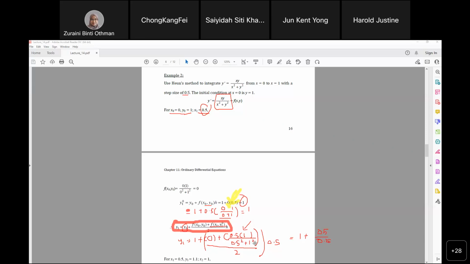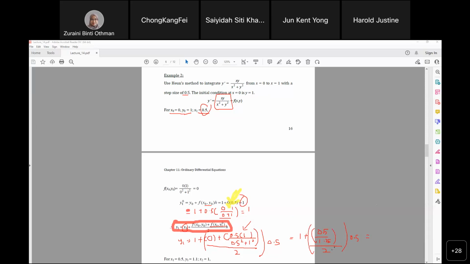Tambah 1. Which mean kat sini tambah 1. Jadi kat situ ialah bahagi dengan 1.25. Betul? Bahagikan dia dengan 2 semua ni. So, semua ni kena darab dengan 0.5. Okey, jadi kat sini value of Y1 kita berapa?